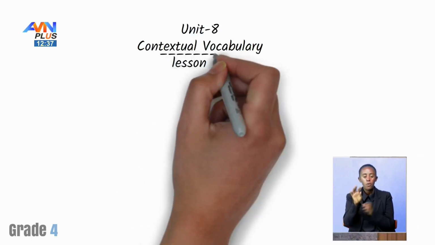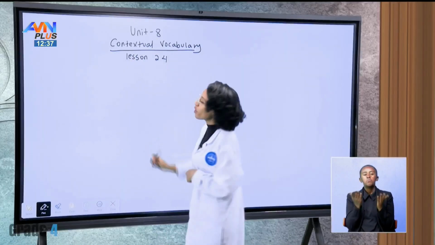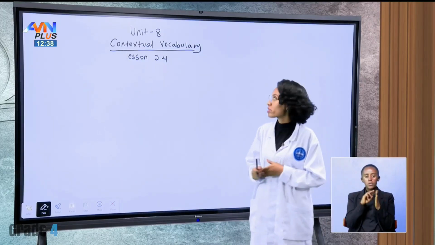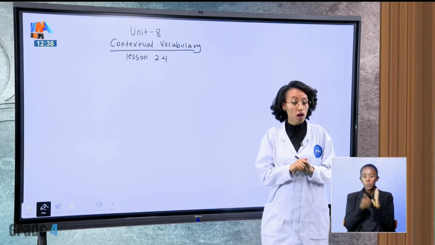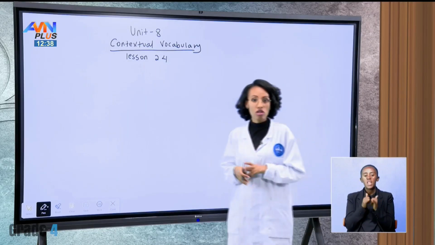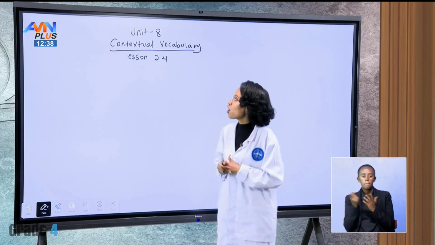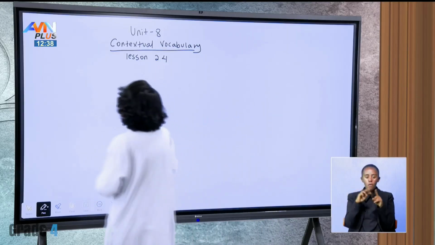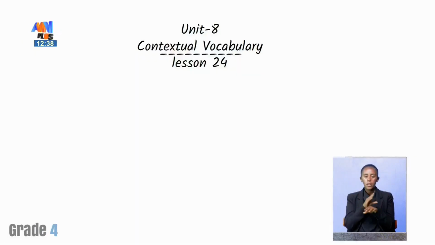Okay? And what are some of the vocabularies we should see in this unit and their importance? Unit 8 talks about fitness, health and fitness. So let's see some of the vocabularies that are very important and we should know about.